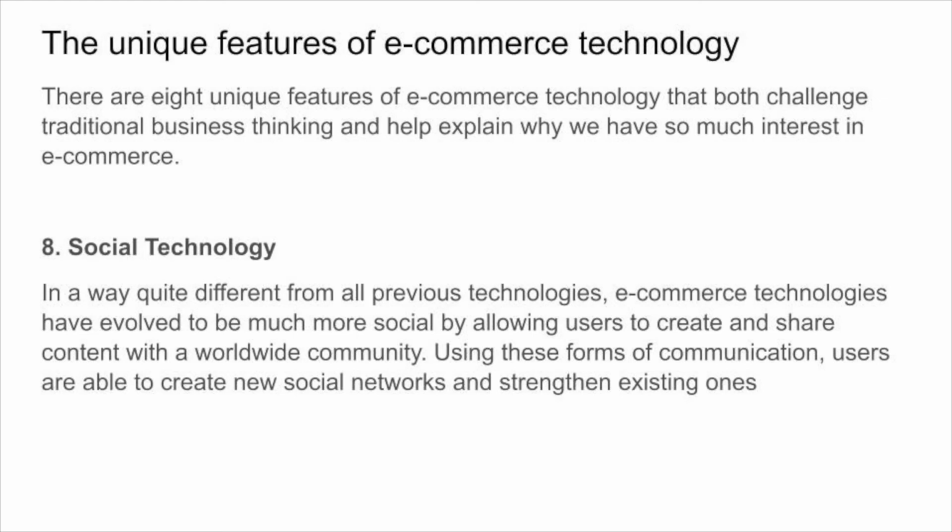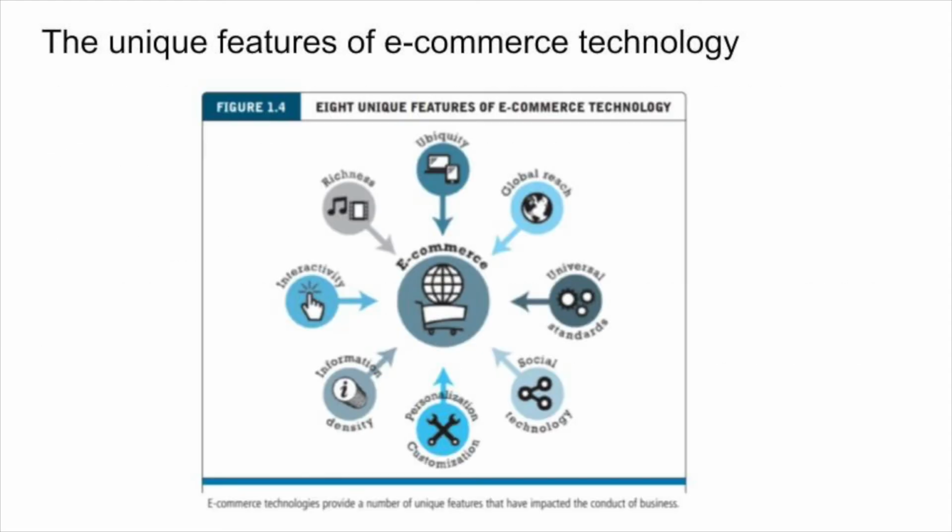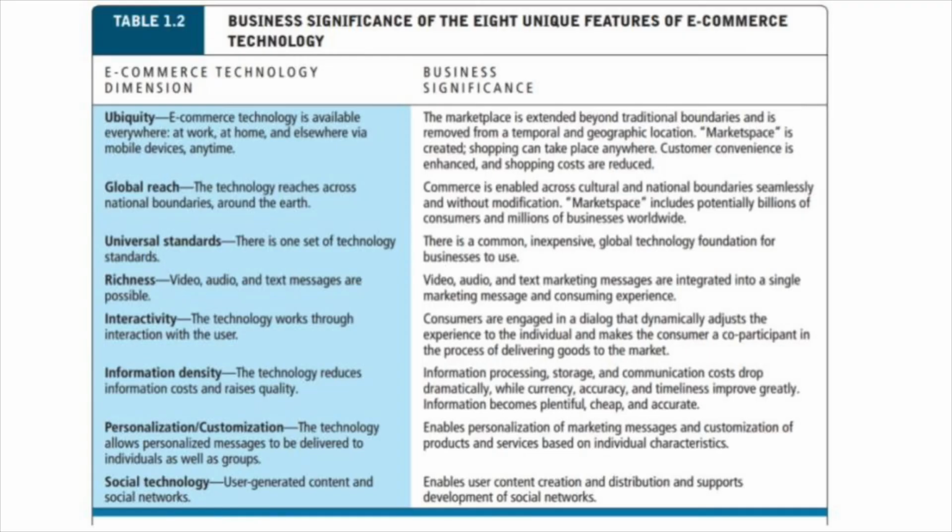People enjoy being there. There's as much of a social element as a business element to it. So this graphic gives a quick summary of those 8 unique features of e-commerce technology: ubiquity, global reach, universal standards, social technology, personalization, information density, interactivity, and richness.